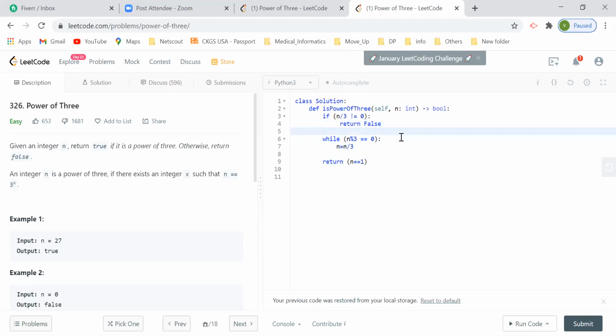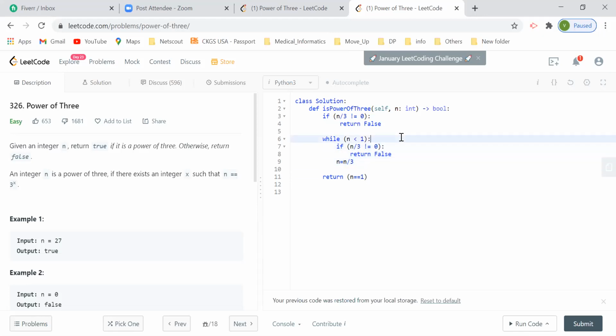You said 3 if statements, right? So while it's not the thing.